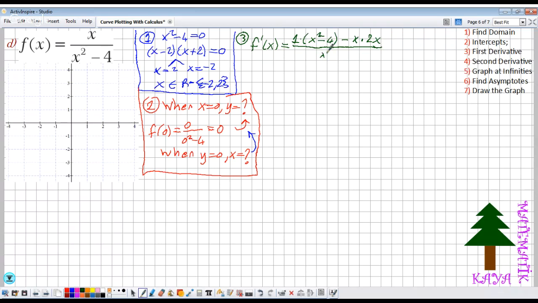So then in the denominator we will have x squared minus 4, all in parentheses, and power 2.